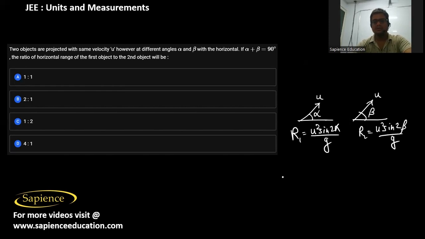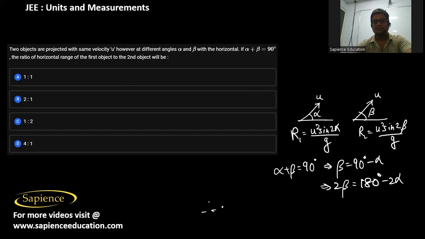Now it is told that alpha plus beta is 90 degrees, so beta equal to 90 degree minus alpha. Therefore 2 beta will be equal to 180 degree minus 2 alpha. So sine 2 beta is sine of 180 degree minus 2 alpha, and sine of 180 degree minus theta is equal to sine theta. So this will also be equal to sine 2 alpha.